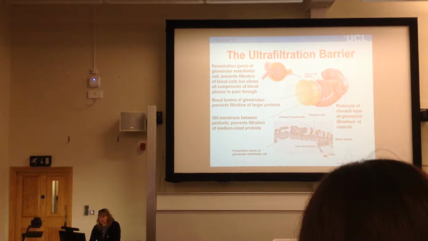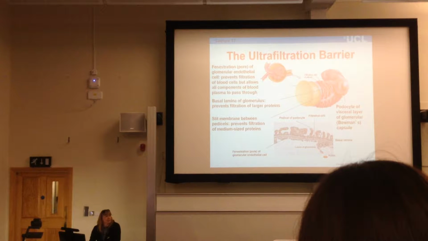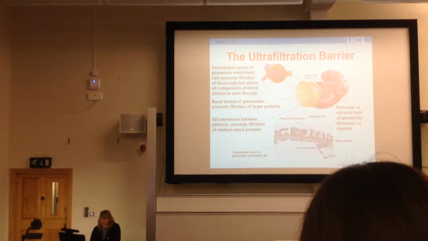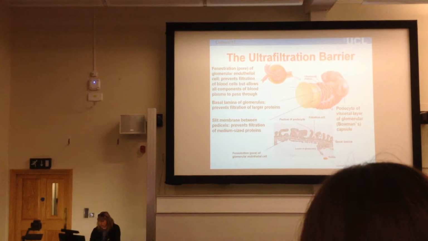So it's designed so that the fenestrations here will keep the red blood cells and large proteins. Then we've got the basement lamina, and then the filtration barrier that exists within the Bowman's capsule.